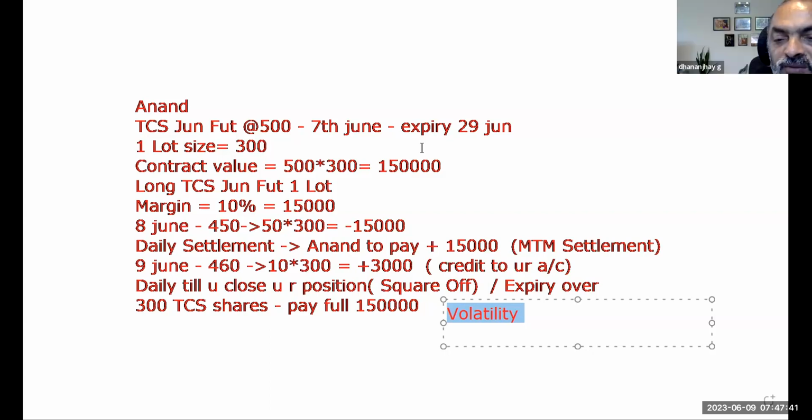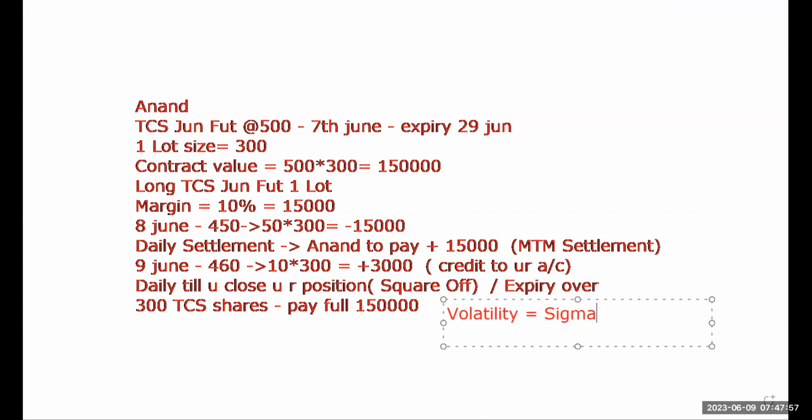So this volatility is your standard deviation, sigma: the square root of the sum of (x minus x bar) whole square divided by n minus 1.